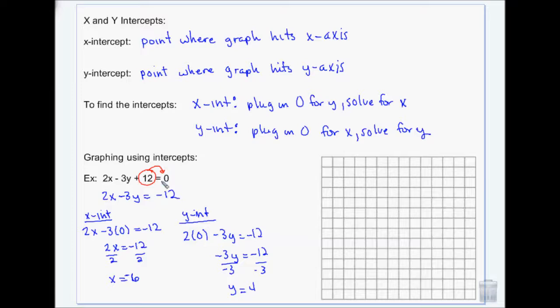Intercepts work best when C will divide by both A and B evenly. You can do it at any time, but it works best if they divide evenly, because then it's nice and pretty and fun. Okay. So first I need to give myself axes, which should actually be on a line.